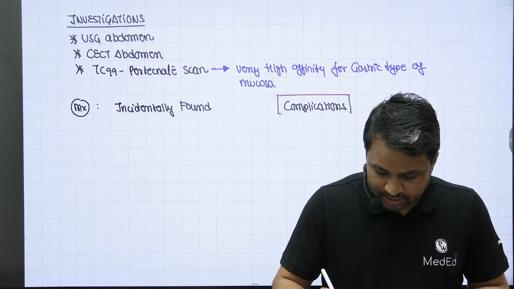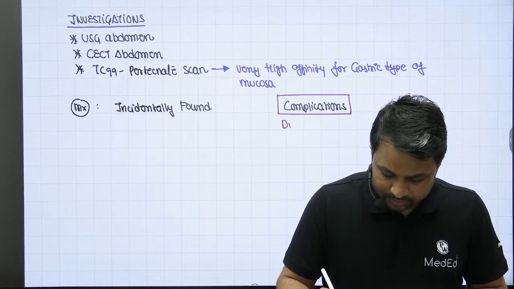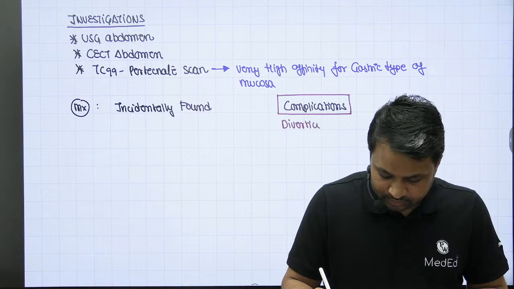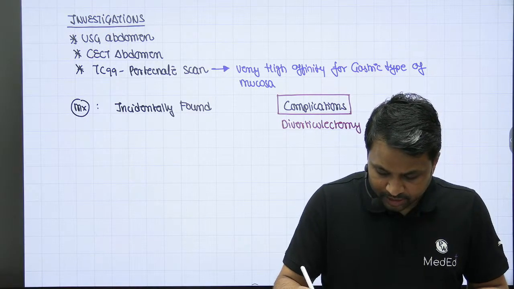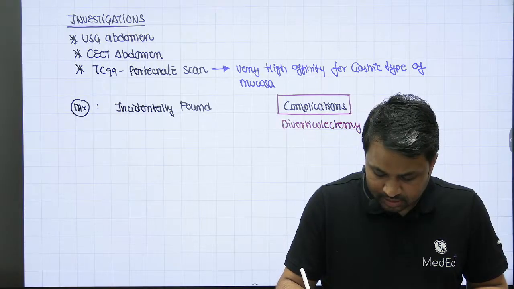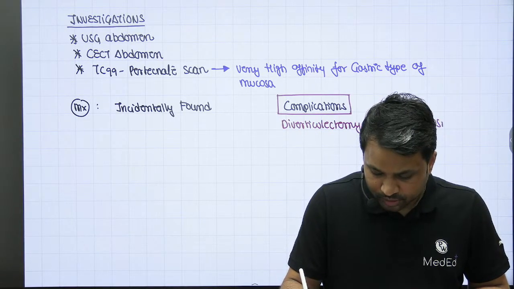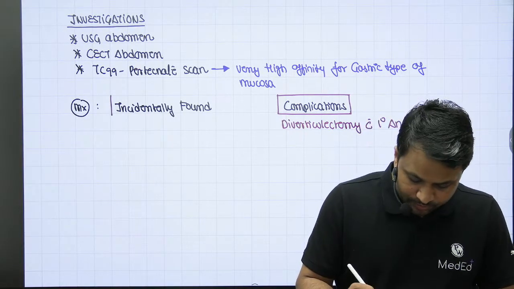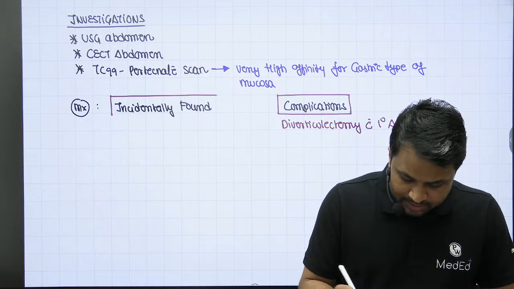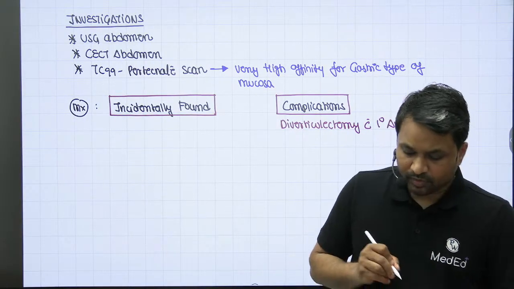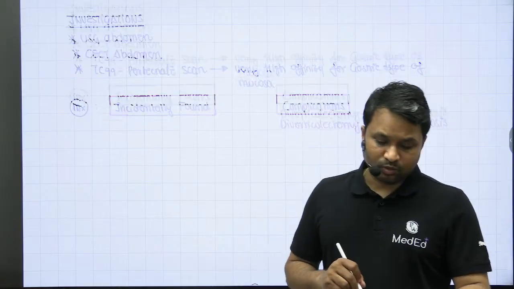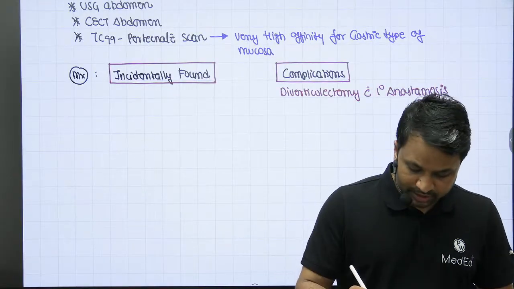That is diverticulectomy. We'll do a diverticulectomy with primary anastomosis, so we'll excise and anastomose. Now talk about the incidentally found. When you have an incidentally found Meckel's diverticulum, what are the indications for surgery?